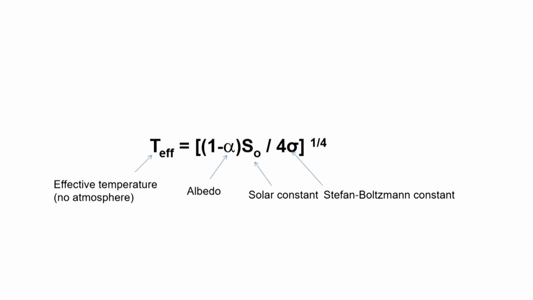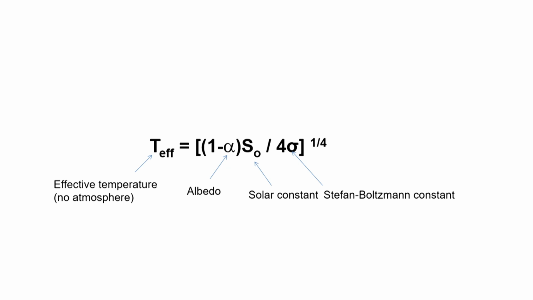Alpha is the albedo, and we also discussed the albedo values of different kinds of ecosystems. S0 is the solar constant. Although it is called a constant, its value has been varying a little bit, and we talked a little about the 11-year cycle, not too much, that is a different topic altogether. Then we have sigma, which is the Stefan-Boltzmann constant.